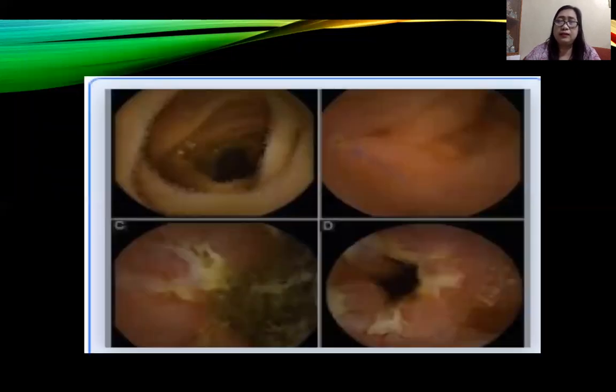So this is an example of capsule endoscopy, wherein you see the first column is your terminal ileum, okay, and column C has severe, deep ulcerations, and there are deep ulcerations and inflammations, hyperemia, and some cobblestoning.